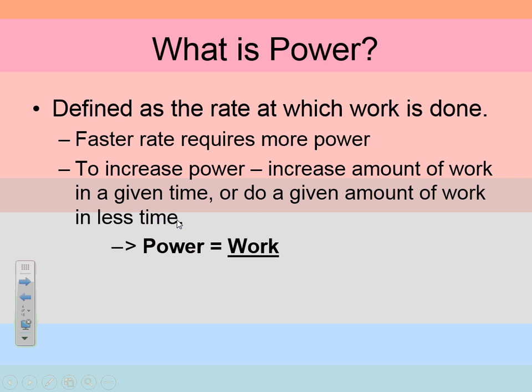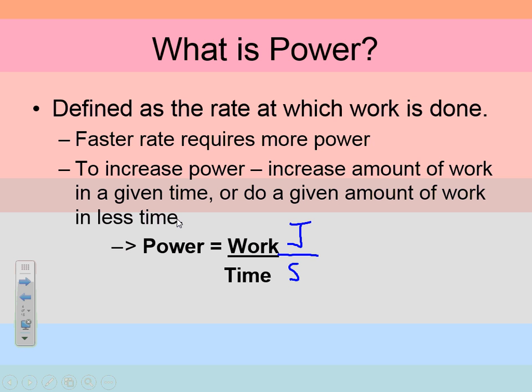Power is equal to work divided by time. Now we're introducing a couple more units here. What is the unit for work that we just got done off of the last slide? It's a joule. What's our base unit for time? I'll give you a hint. It's the smallest unit of time that we use, so it's second. The unit for power is joules per second.